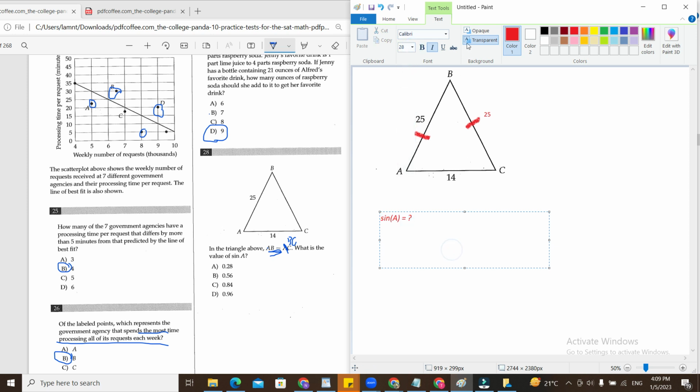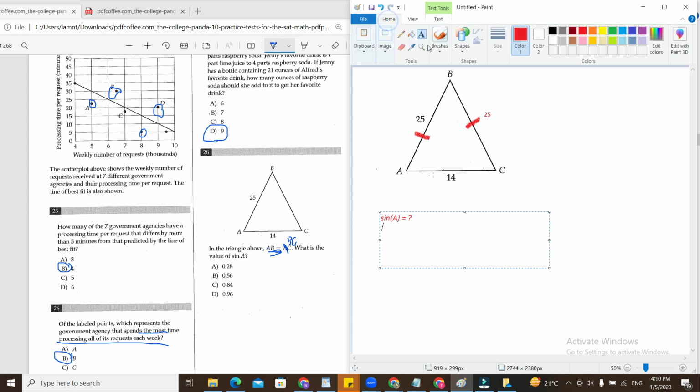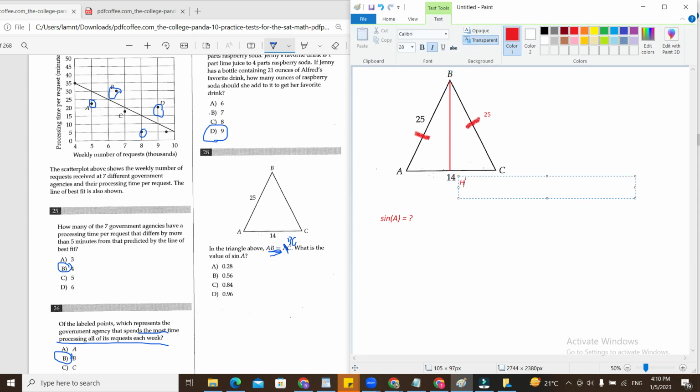We have to think of a strategy to calculate sine of A. Okay, so let's draw a perpendicular line like this. So this is BH here.